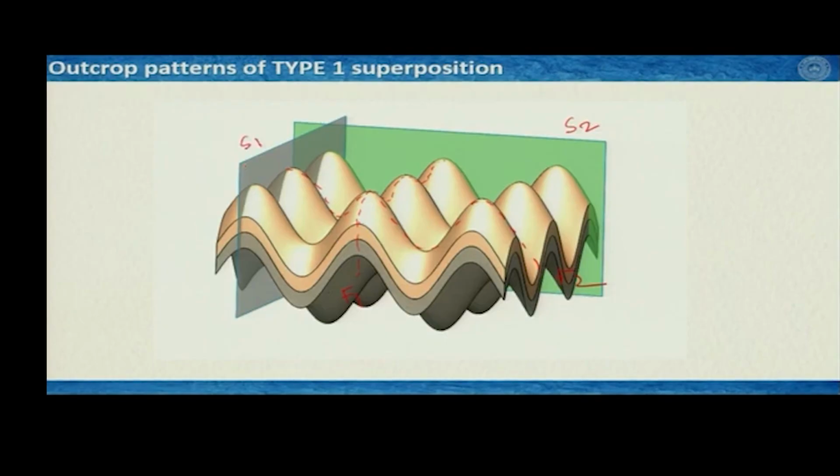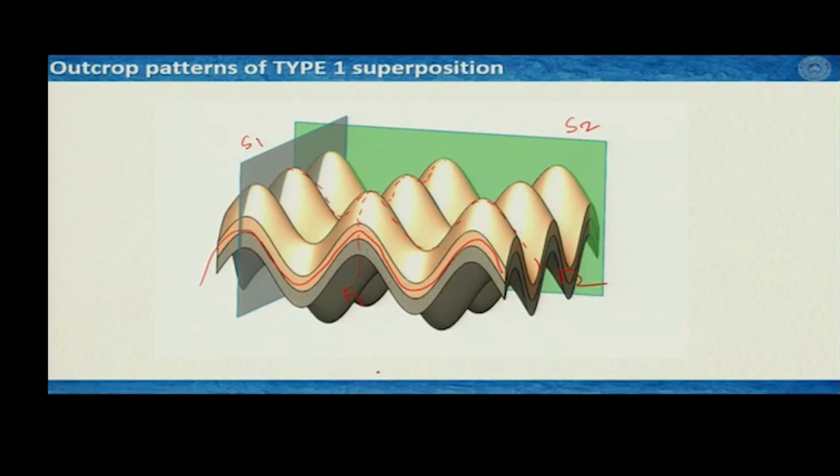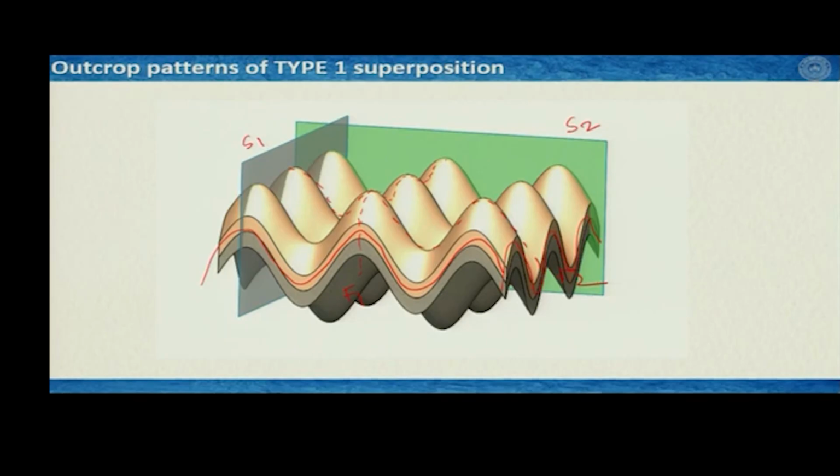So this S2 is actually the section of this one, as you can see. So this is showing up a sinusoidal pattern on S2, you see this. And S1, if you see it this way, you also see the sinusoidal pattern, and you may not figure out that this is a product of superposed deformation.